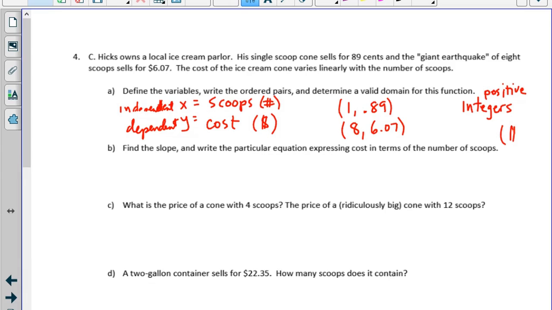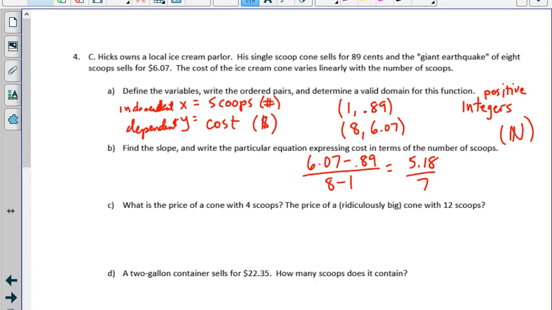So the positive integers are going to be the domain for this problem, which we can also call the natural numbers, or N. Find the slope and write the particular equation expressing the cost in terms of the number of scoops. So I'm going to find the slope: $6.07 minus 89 cents, divided by 8 scoops minus 1 scoop. So 607 minus 89 is $5.18.